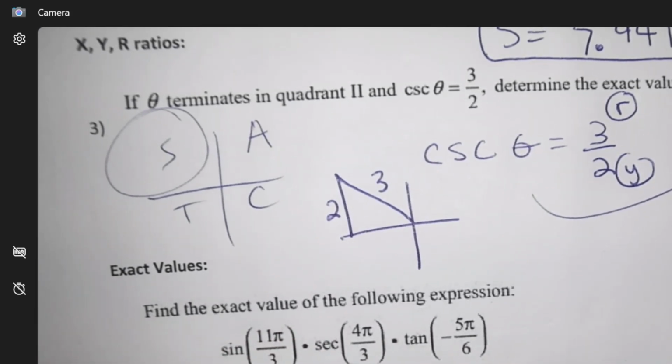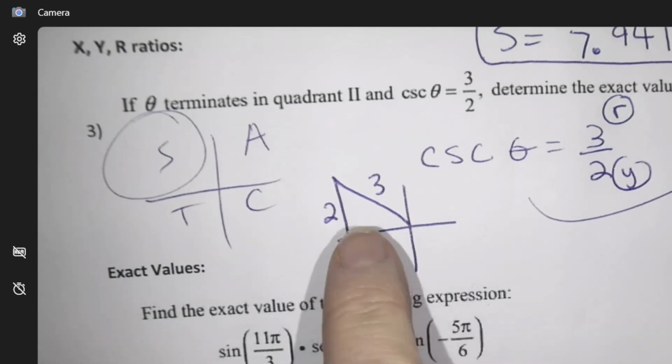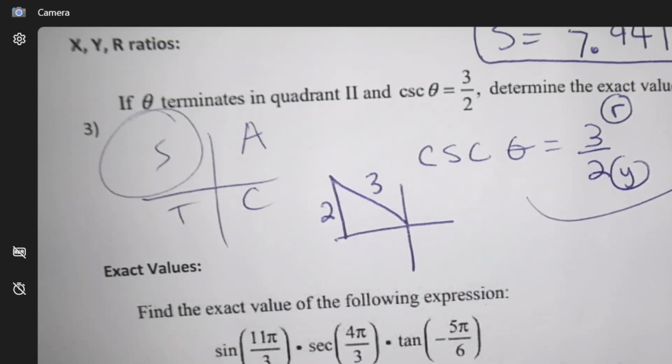If you had accidentally done it with the 3 and the 2 reversed, because you forgot, would you understand that that doesn't make sense? Your hypotenuse has to be longer on a triangle, right?